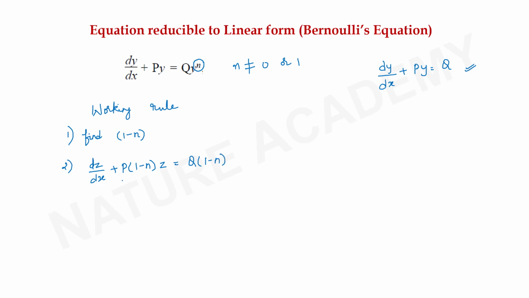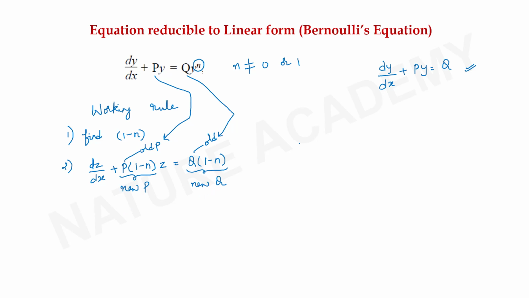So once you have found 1 minus n, you multiply it with this p. This p is the old p, and this q is the old q. Once you find it out, this will be your new p and this will be your new q.